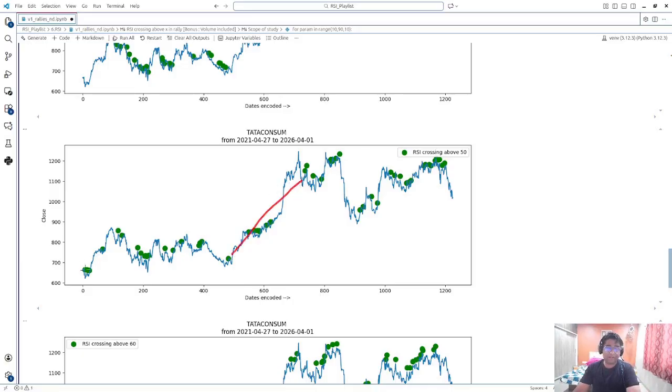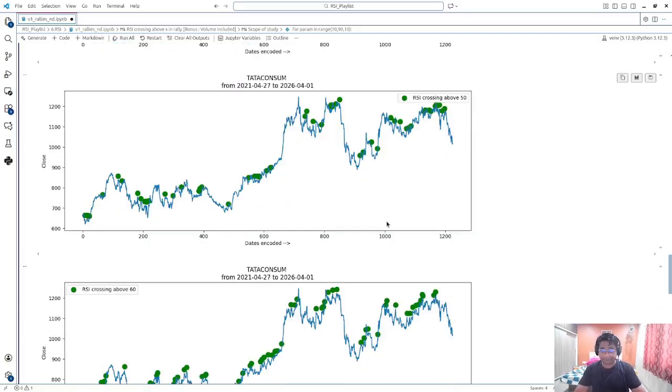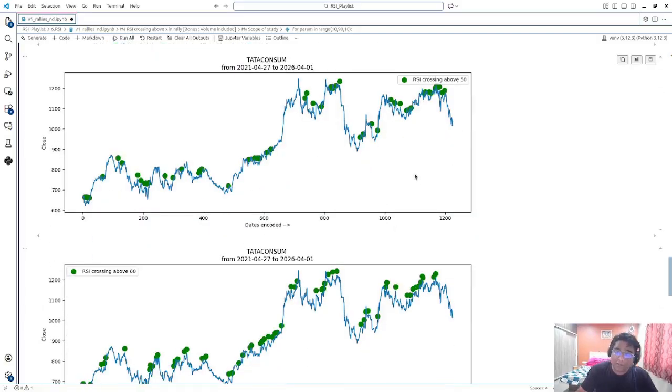Observe the rallies also, and the correction phase also, and also at the top. So RSI crossing above 50 seems indecisive. You cannot conclusively draw any inference when the RSI crosses above 50.